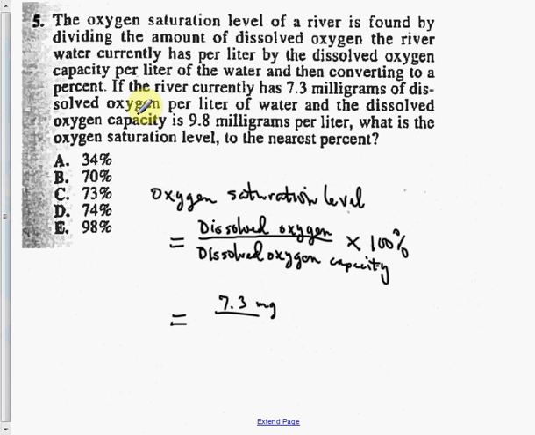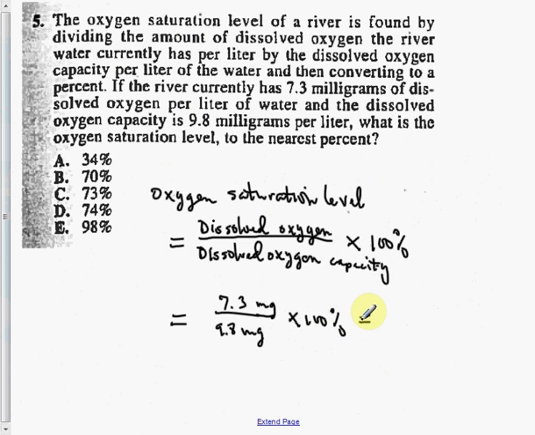And the dissolved oxygen capacity is 9.8 milligrams per liter. What is the oxygen saturation level? This is also times 100%.